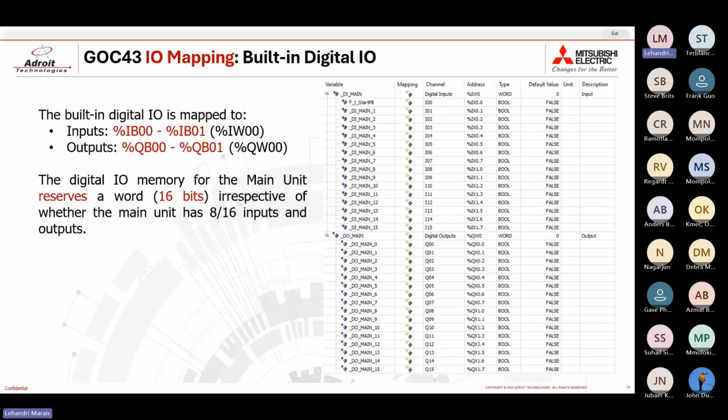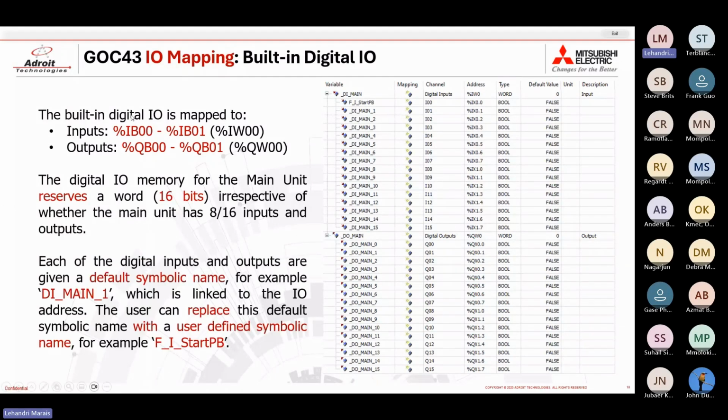As you can see on the side, each of your digital IO is given a symbolic name by default. The default name is D_DI_main and underscore its number.